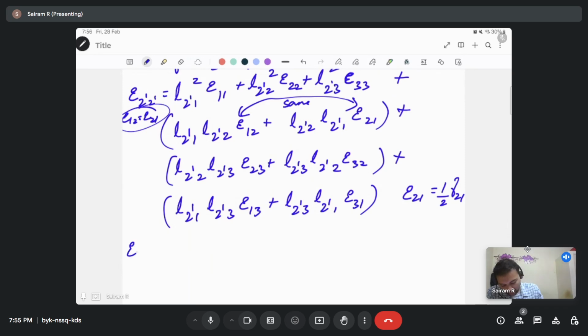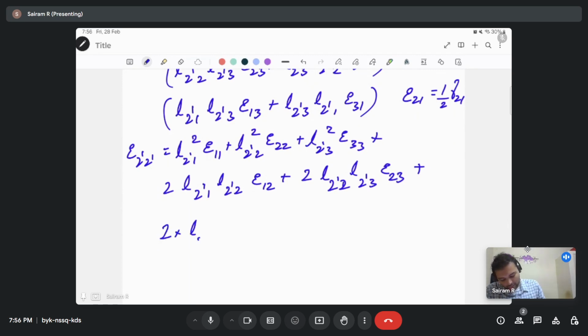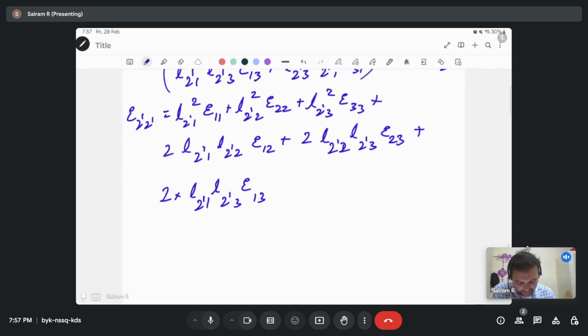So when I rewrite this, epsilon 2' 2' equals L2'1 square epsilon 11 plus L2'2 square epsilon 22 plus L2'3 square epsilon 33 plus 2 into L2'1 L2'2 epsilon 12 plus 2 into L2'2 L2'3 epsilon 23 plus 2 into L2'1 L2'3 epsilon 13.